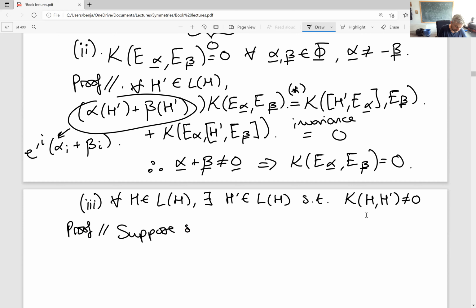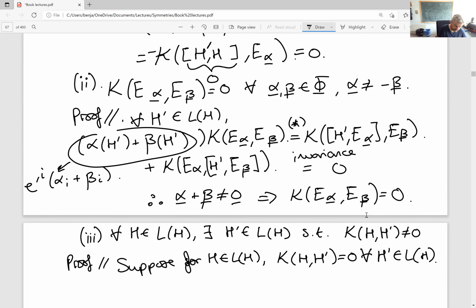So suppose for h in the Cartan subalgebra, the killing form between that element and all other elements is 0, for all h prime in the Cartan subalgebra.